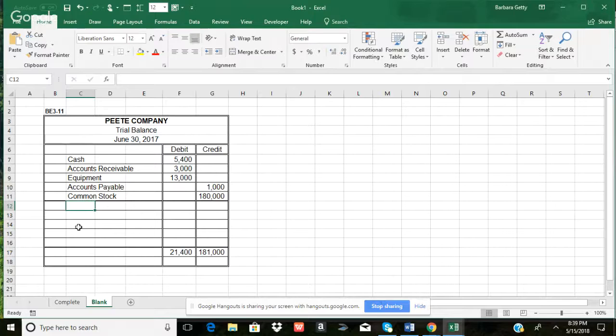And as far as those were the two credit ones. So after we listed the assets, the cash, the accounts receivable, the equipment, and then the liabilities, the accounts payable and the common stock, we go back to the debits again, and that would be dividends. And that amount was $1,200.